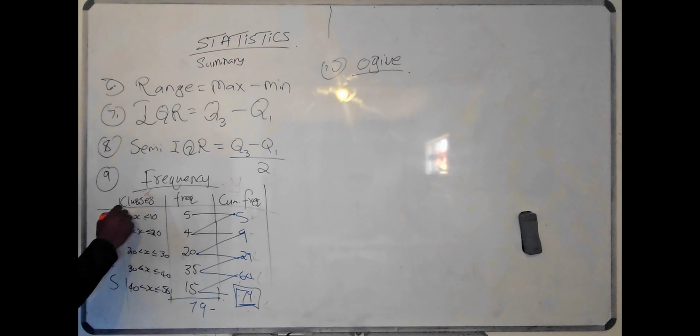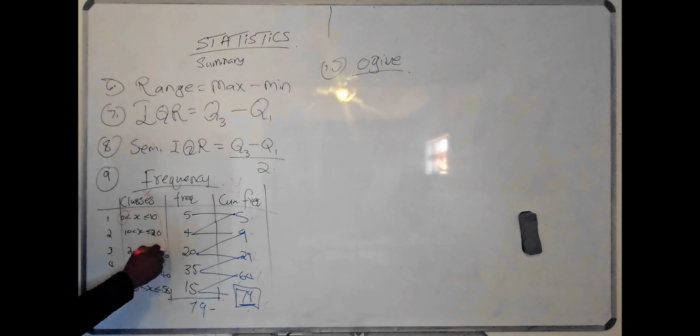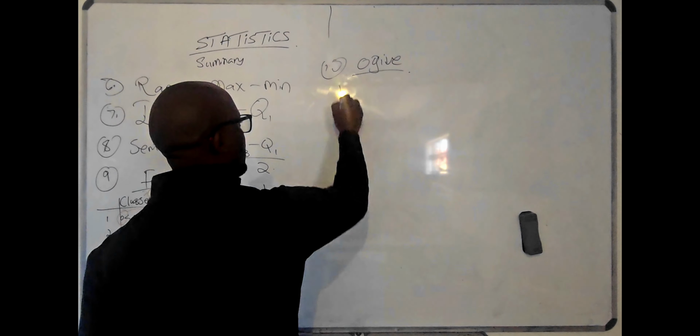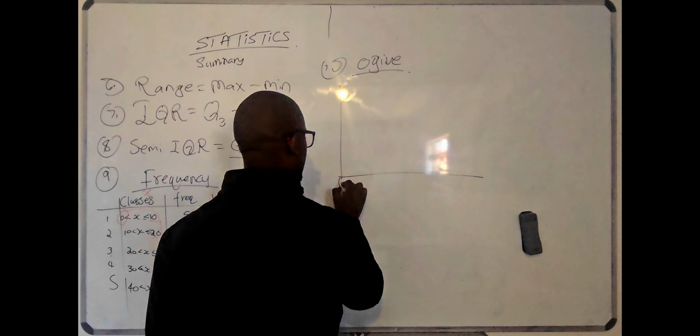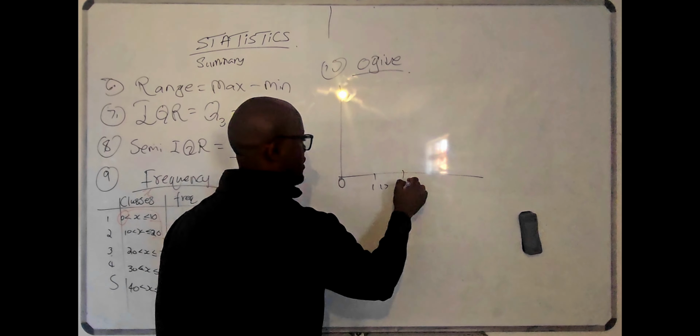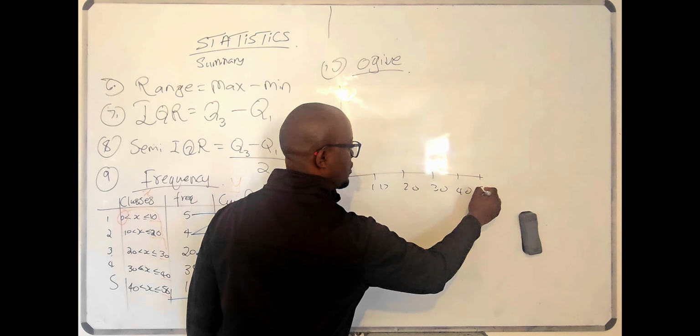After that, you can use these numbers, the ones on the right of the classes. So when you draw the ogive, it will look like this. It must start at 0, then the next numbers will be 10, 20, 30, 40.